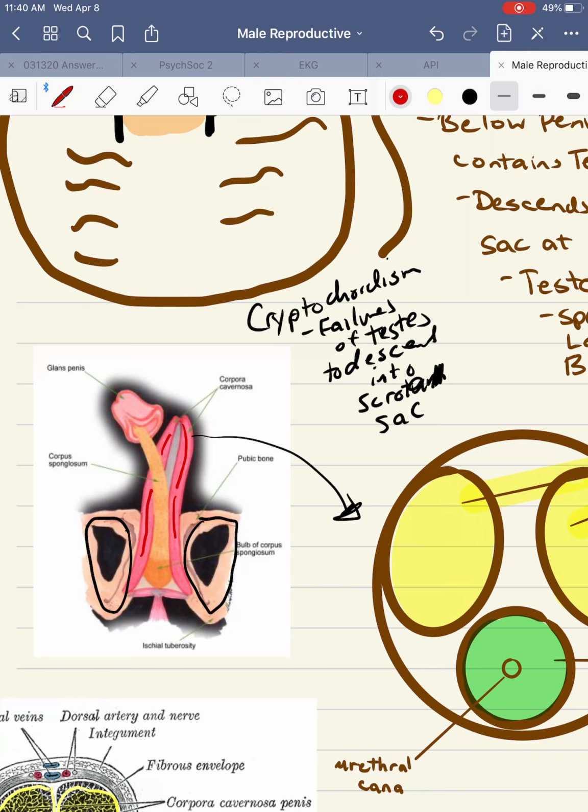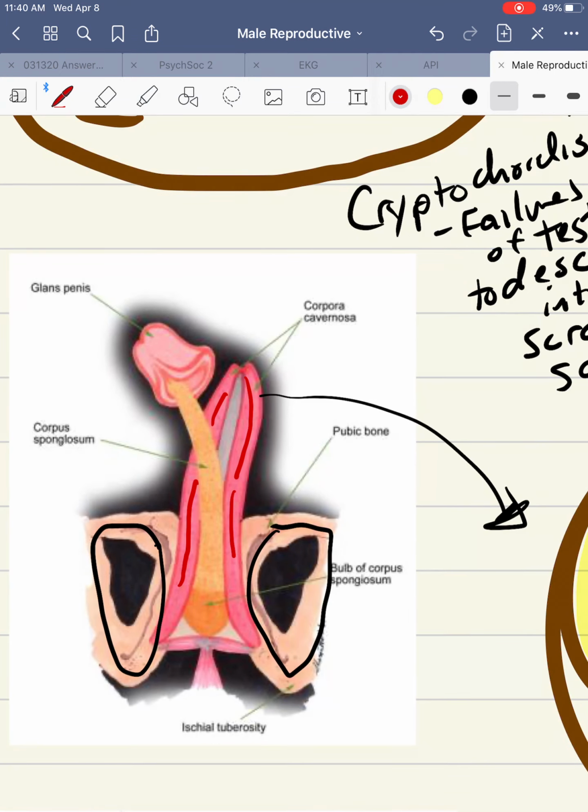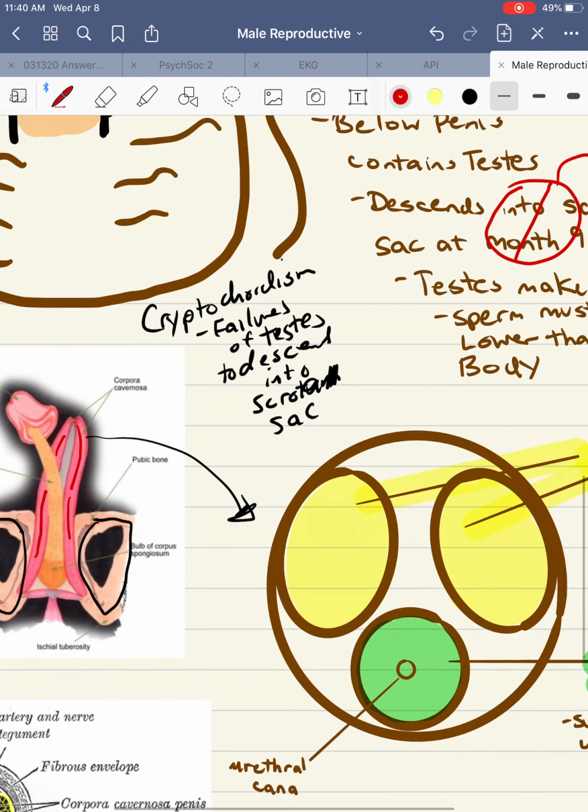And there's an inferior portion in orange in this diagram called the corpus spongiosum. Corpus means body. What goes through this corpus spongiosum is the urethral canal. And what goes through the urethral canal? Sperm and urine.